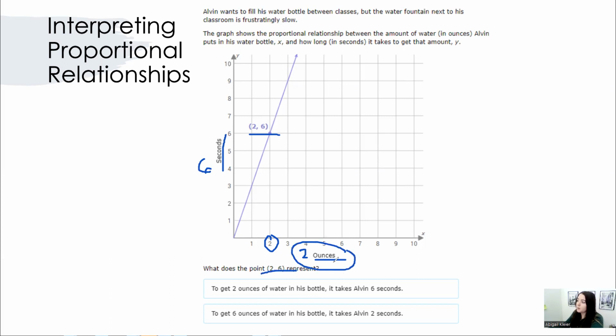Well, since our point lined up with 2 on the x-axis, to get 2 ounces of water in his water bottle, it takes Alvin 6 seconds. So again, in order to answer these, you want to make sure that you get context, understand what your y-axis and your x-axis is labeled, and then you can match up what the value of your coordinate point, what the data is telling you.